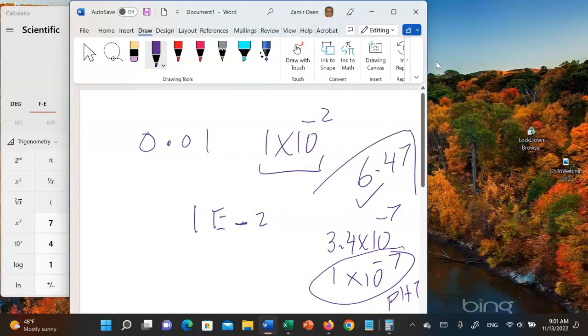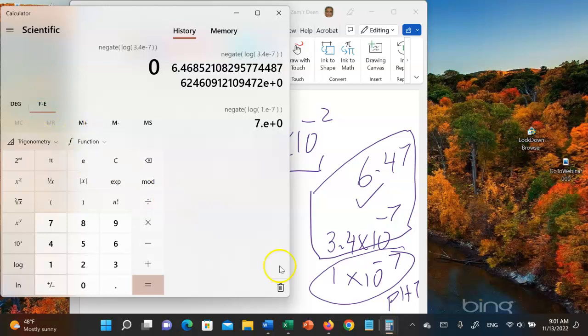Now we're going to convert back. You see, pH 7 should give us this hydrogen ion concentration, and pH 6.47 should give us this hydrogen ion concentration.